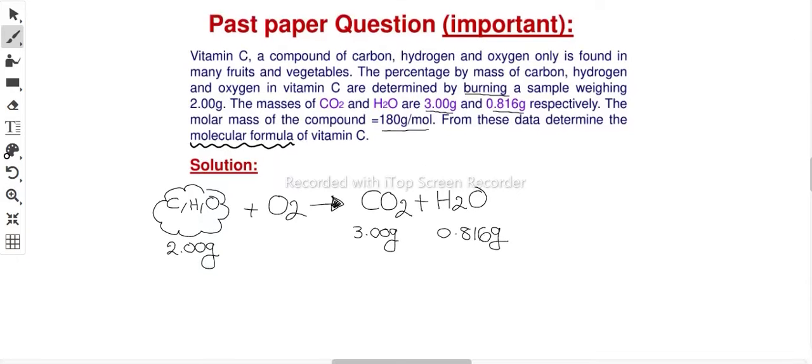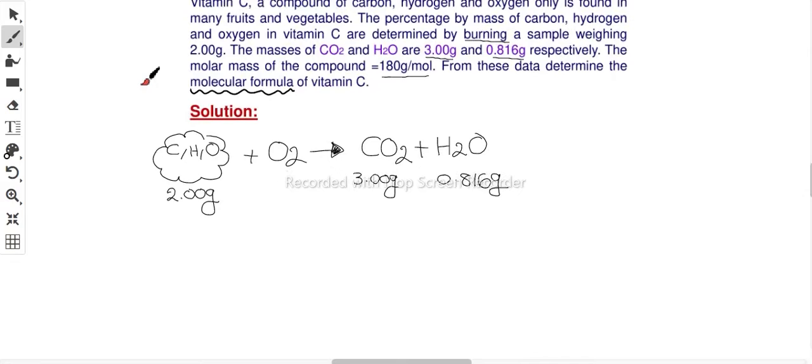But here, I don't have the percentages by mass of each. Instead of that, I have the carbon dioxide and the water vapor masses.